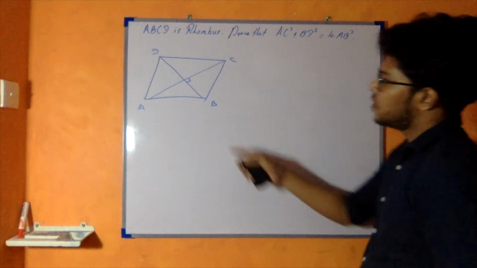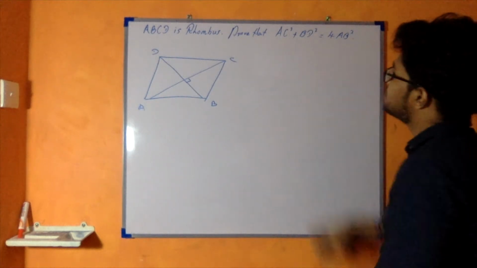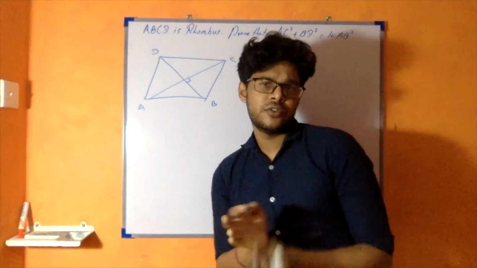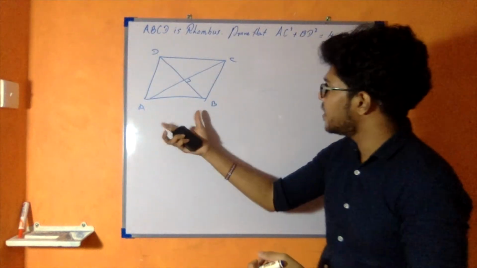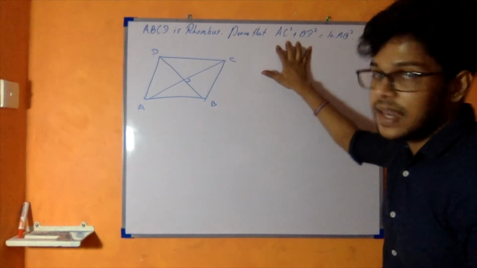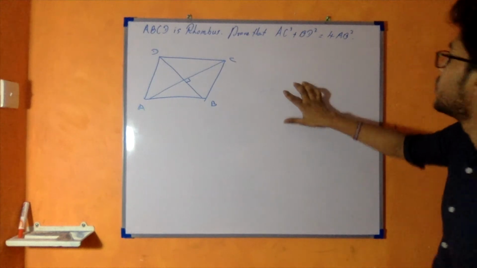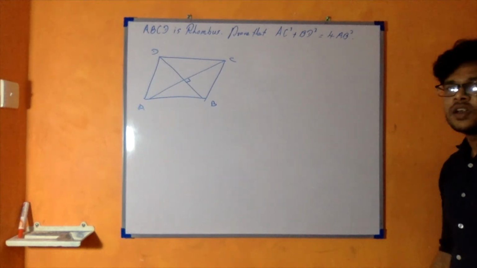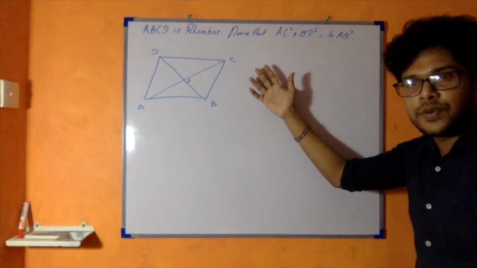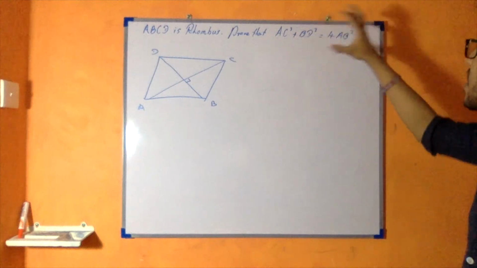Okay, so now let us see. Here we have AC squared plus BD squared. There are a few ways to prove this. You can take the LHS, the left hand side, and do mathematical operations on it to get the right hand side. Or you can take the RHS first and do mathematical operations on it to get the left hand side.